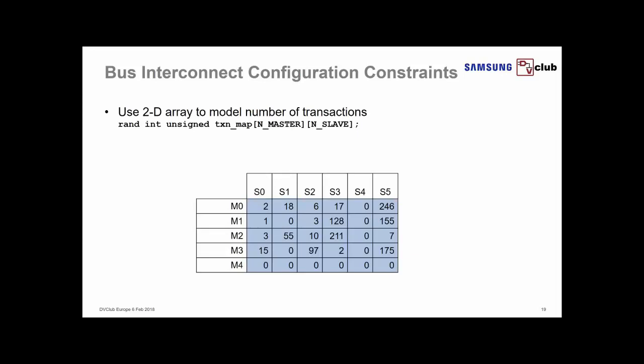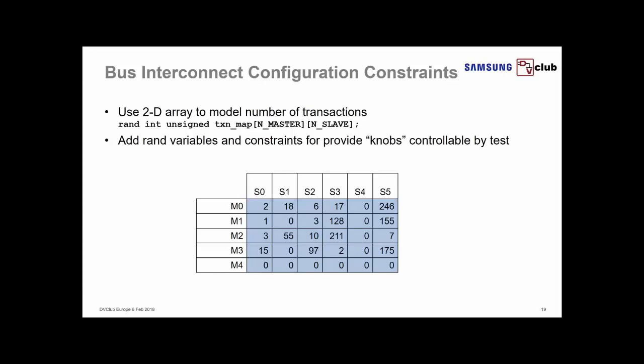And here I have an example showing, for one randomization, how many transactions are sent from each master to each slave. So for master 0, we see we have 2 transactions sent to slave 0. We have 17 transactions sent to slave 3, etc.